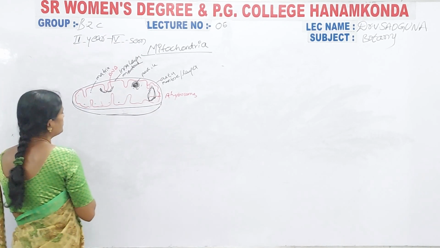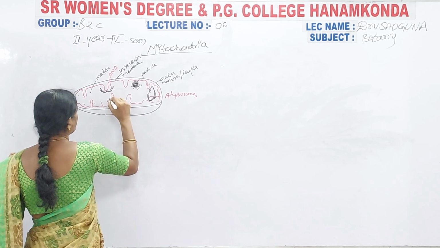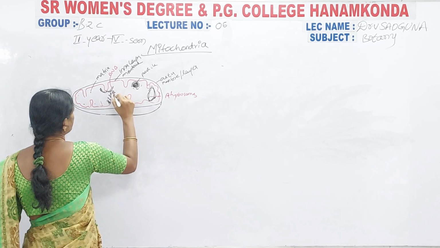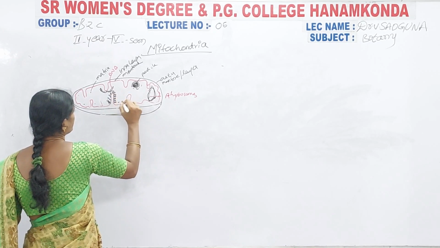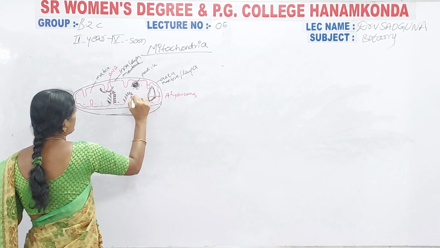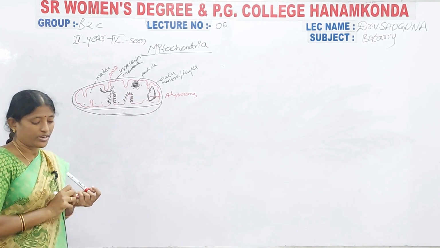Then complexes, different types of smooth or rough cells. General things of the mitochondria.